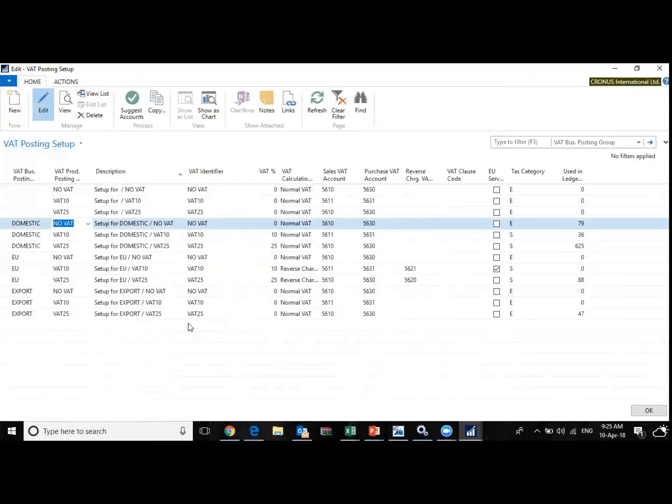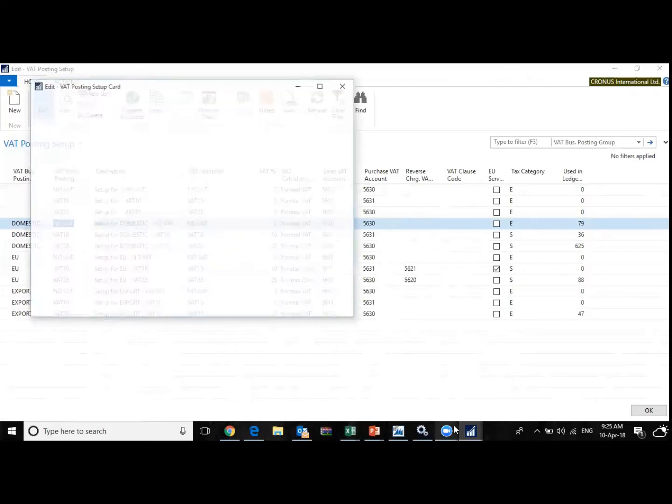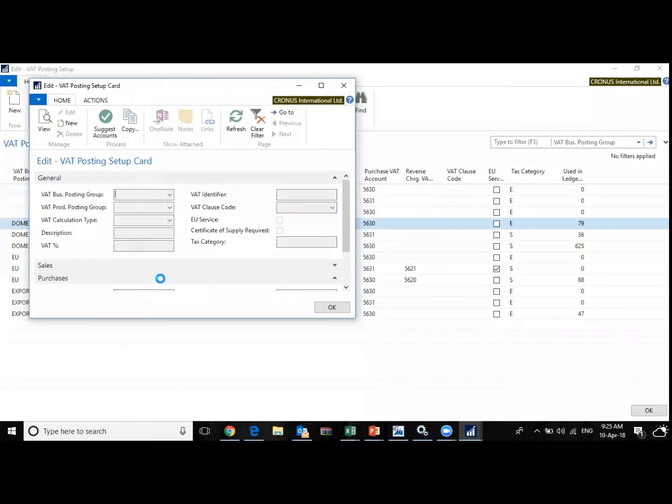Okay, let it just open. Okay, so this is the VAT card.